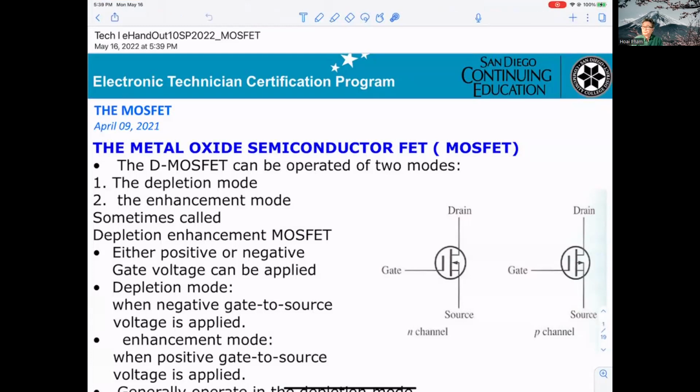The next part today we're talking about MOSFETs, metal oxide semiconductor FET. A D MOSFET can be operated in either depletion mode or enhancement mode.